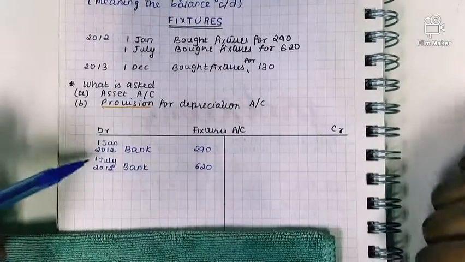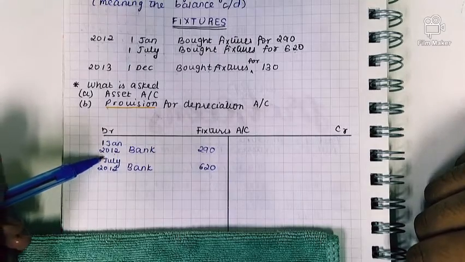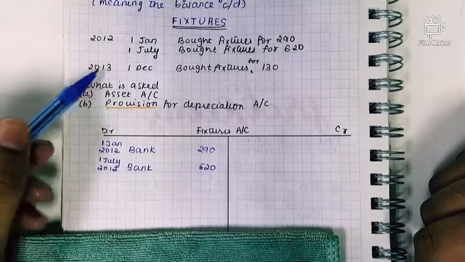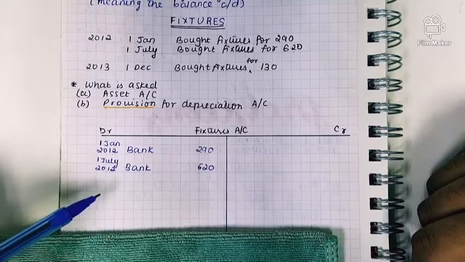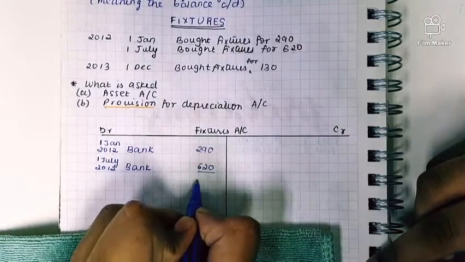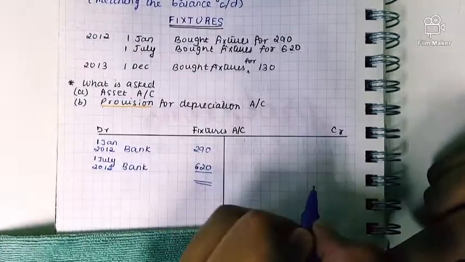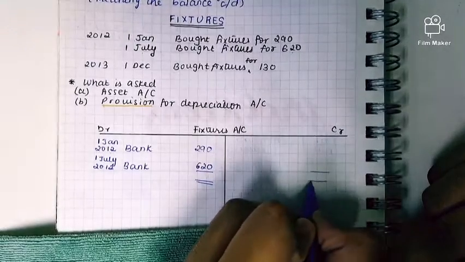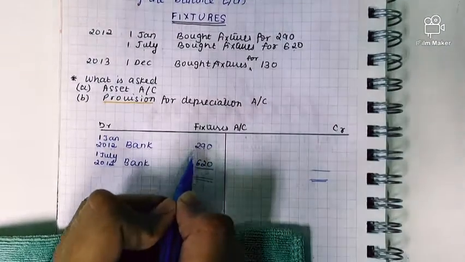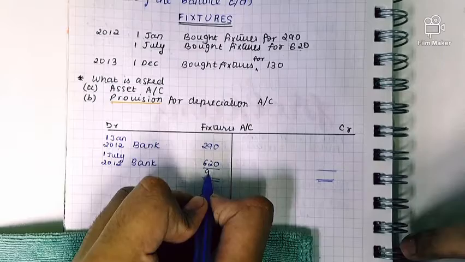Now we're going to be keeping each year separate, so 2012 will be separate. We don't need to write 2013 right now as well. So let's just balance this year's account and add these two up, which will give us 910.